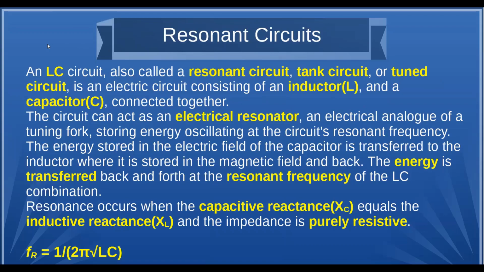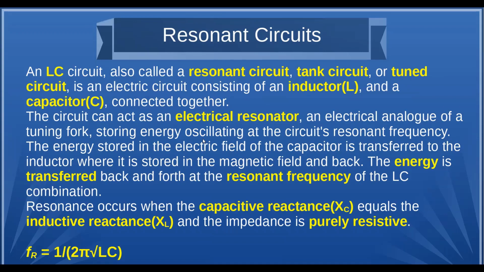Okay, resonant circuit. It's an LC circuit. There's a combination of inductance and capacitance. At a certain frequency, it will resonate. He talks about it similar to like a tuning fork. And what happens is you've got energy stored in the capacitor.